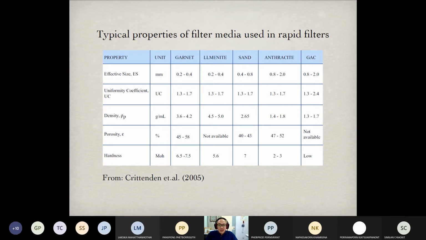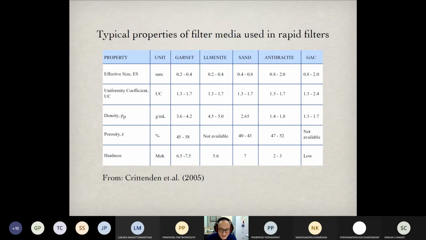Uniformity coefficients for the sands could be in the range of 1.3 to 1.7. Density is 2.65 for the sand. Garnet is much heavier. Porosity is 40 to 43% for the sands, and garnet is more porous. Hardness, sand is of course very hard.